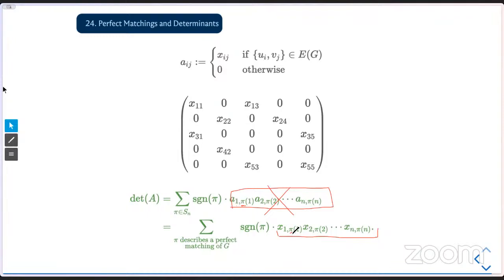And the only pi's for which this happens is when the pi corresponds to a perfect matching. So is this reformulation, this thing about the determinant, clear? That this determinant is really a sum over permutations that describe perfect matchings, and it's a multivariate polynomial, therefore.